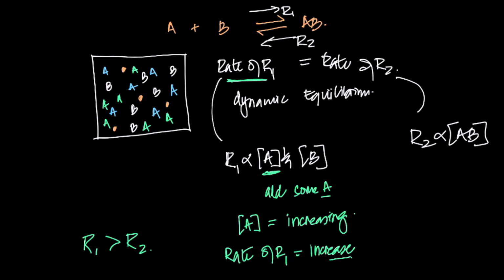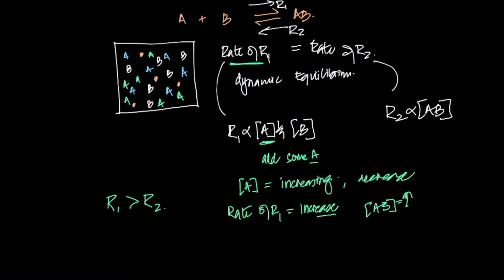So over time, this starts to decrease and AB starts to increase, because now you're making more of AB. More of the forward is happening and less of the backward is happening. So you start to make more of AB and you start to use up some of A and B. So with time, even though R1 was more than R2, R1 starts to decrease while R2 starts to increase.